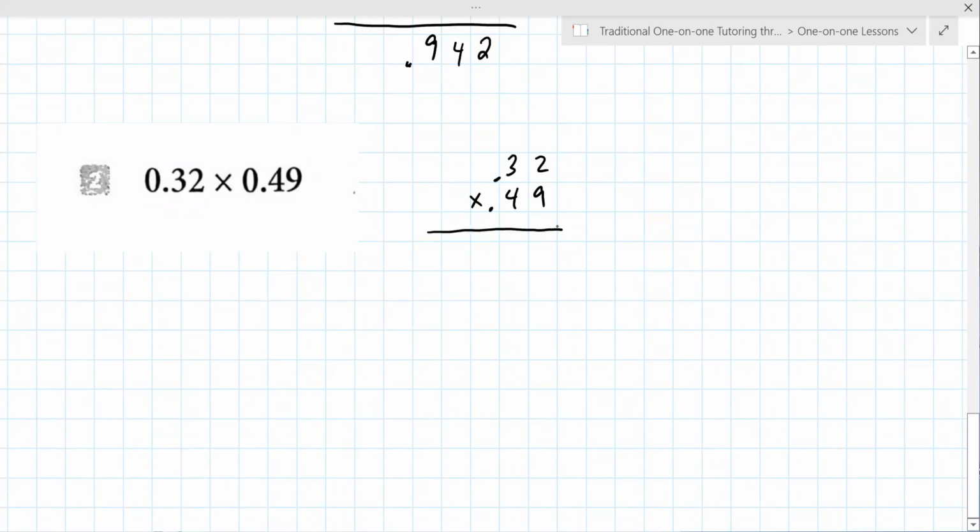So you do treat it like it's a 32 and a 49 in terms of multiplying. Is 2-digit by 2-digit multiplication okay? Is that something you've seen before? Yeah.